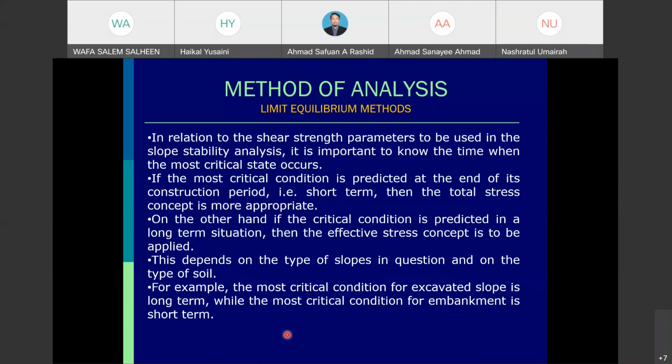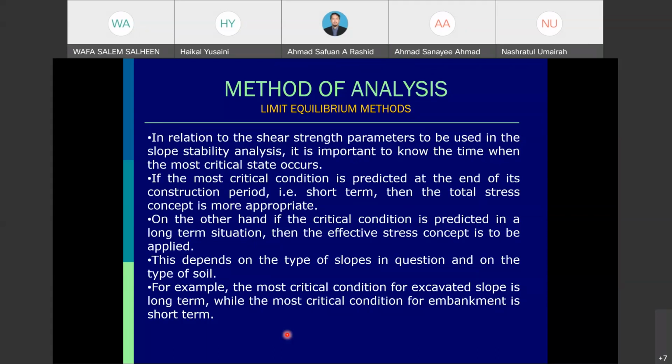However, we can make both analyses, and normally we may use the most conservative value. For example, the most critical condition for an excavated slope is the long term, while the most critical condition of an embankment slope is the short term.